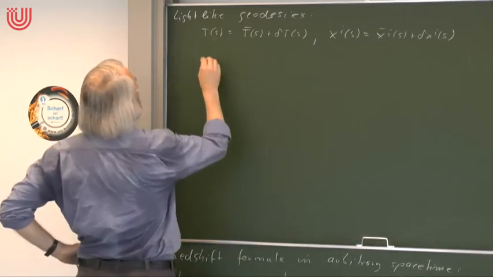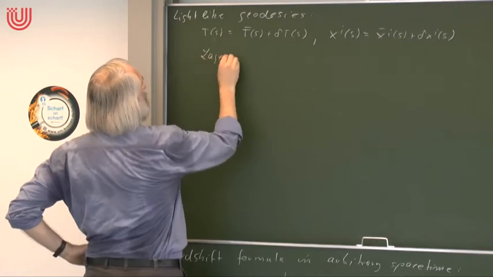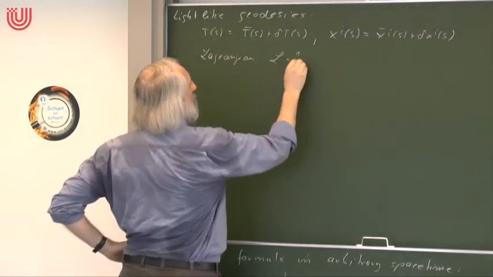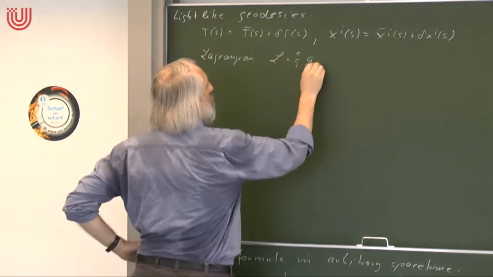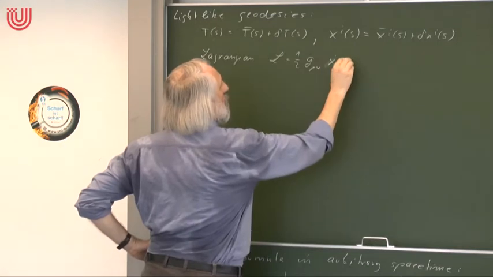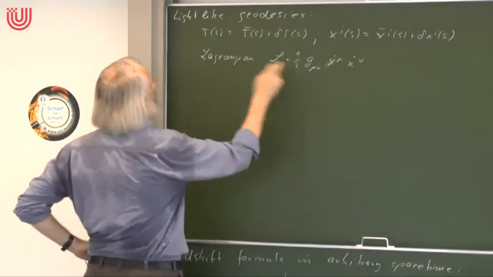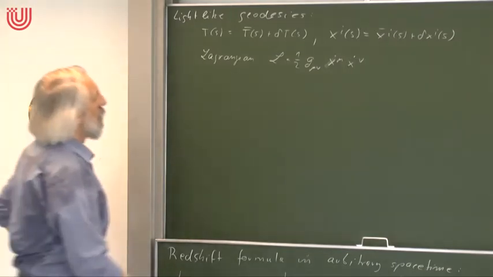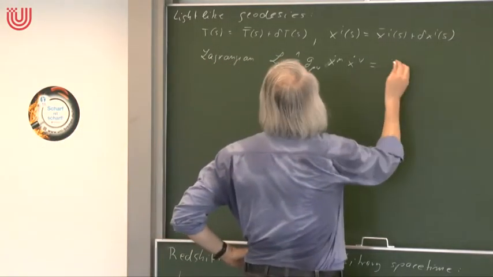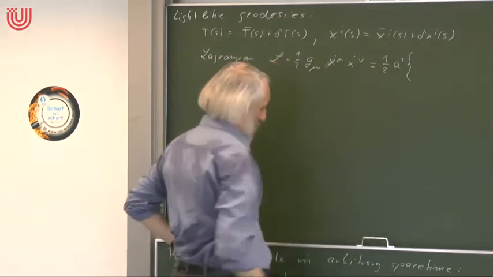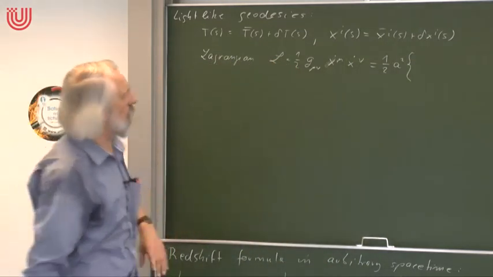So the Lagrangian for the geodesics is, of course, L is 1/2 g mu nu x^mu dot x^nu dot. Dot means derivative with respect to this parameter s. So if you write this out, then it is 1/2 a squared. And the metric is written there.